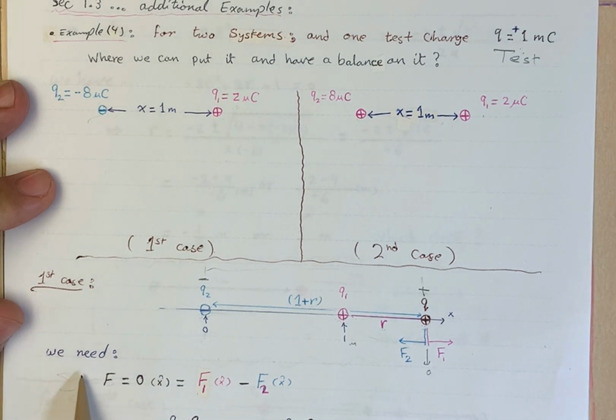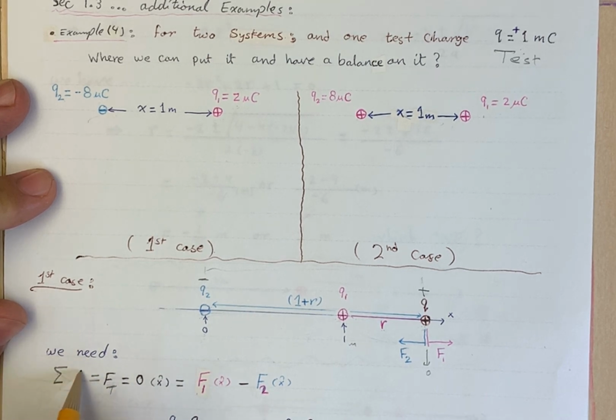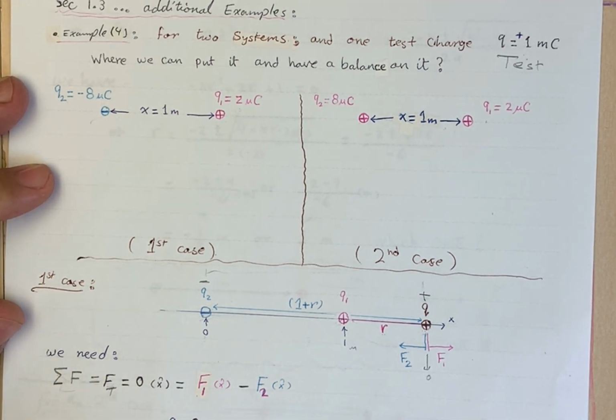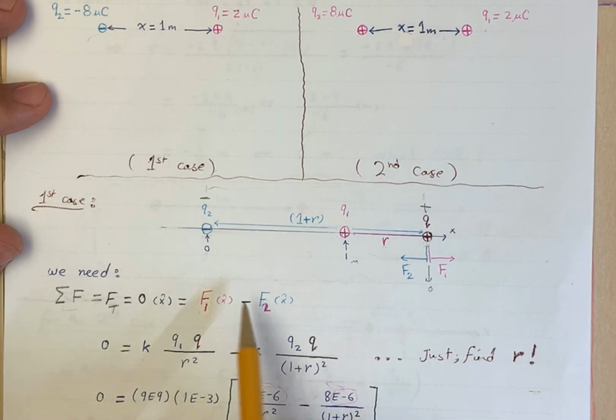Now we need the total force F total to equal 0. Sometimes we write it like this: the summation of the forces should be equal to 0. We have just one direction, the x direction, and it is 0, so there is no direction for this force.